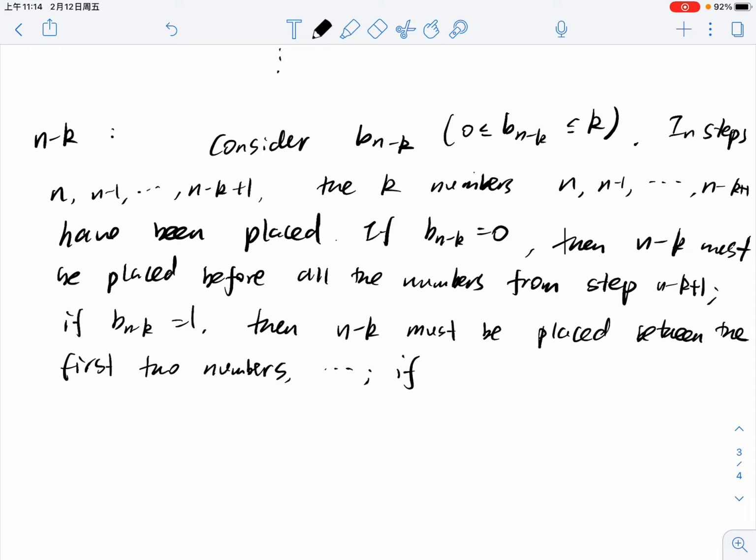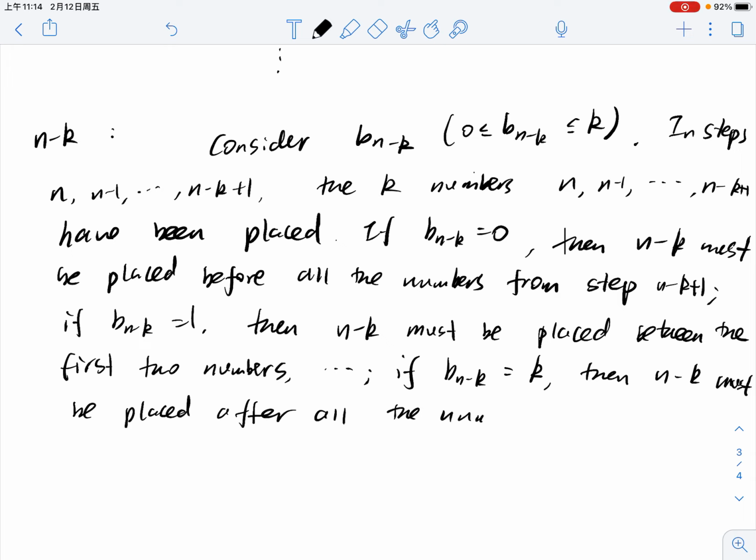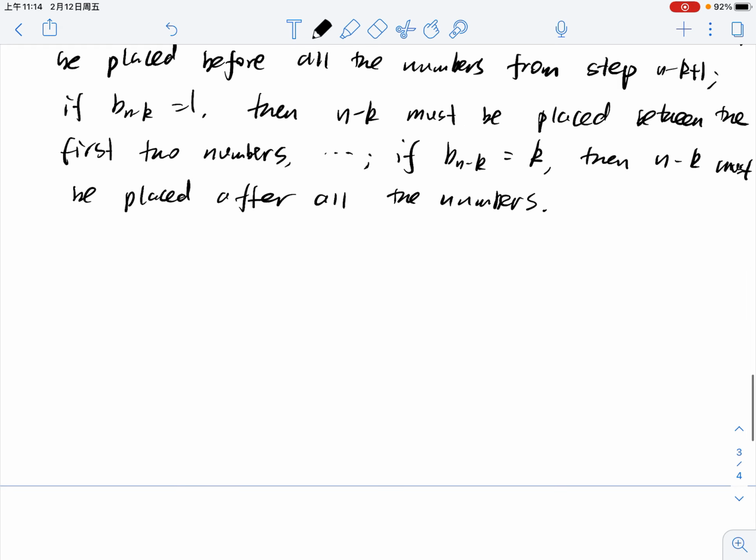So lastly, if Bn-k is k, then n-k must be placed after all the numbers. We will give an example later. And the last step, you can do the same thing for 1. Okay.